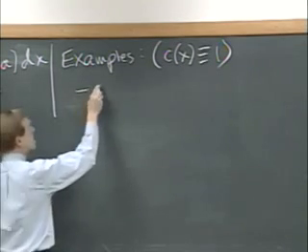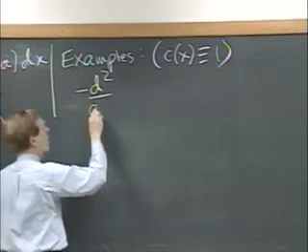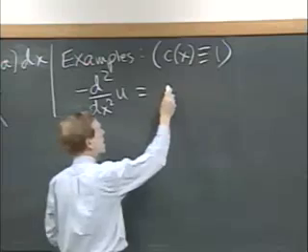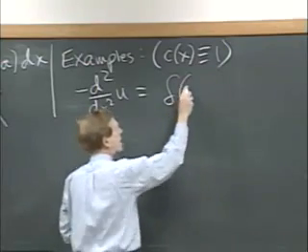It's just minus the second derivative of u equals, and now let me take a delta function at a.